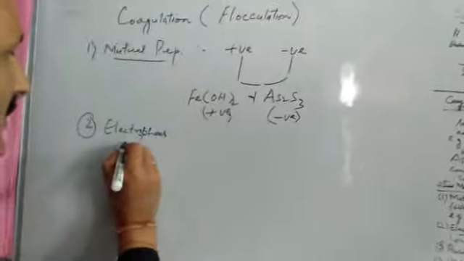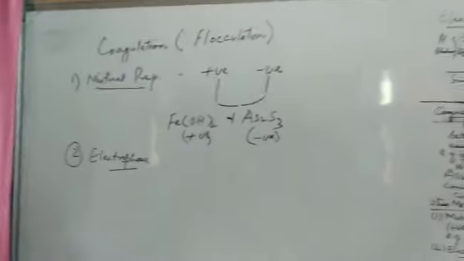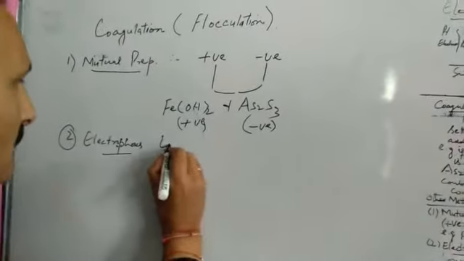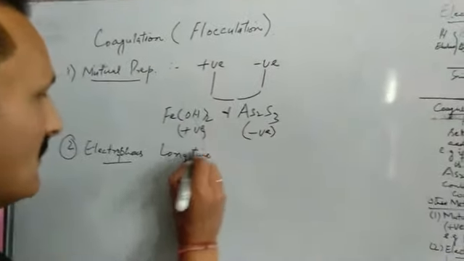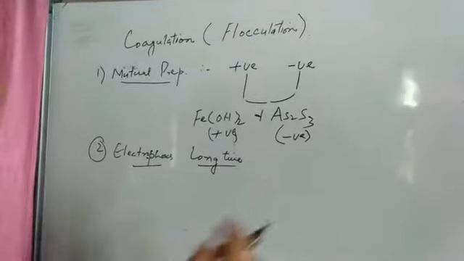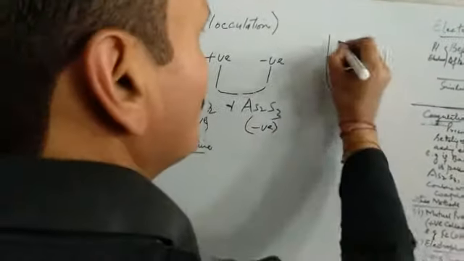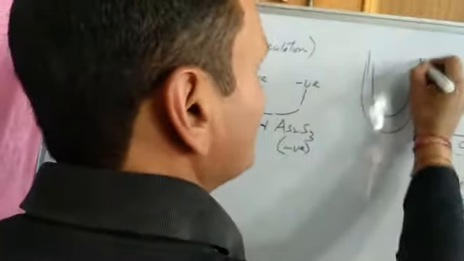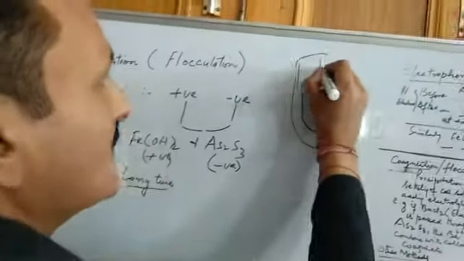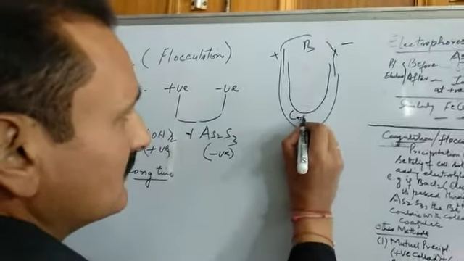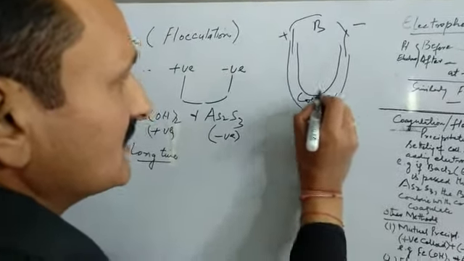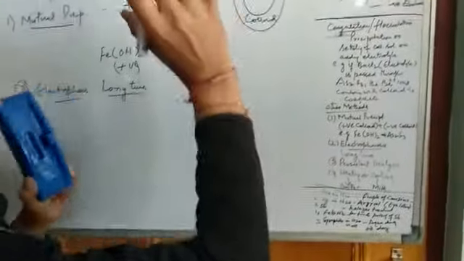Electrophoresis. What is done in this process? Long time. By long time I mean, we take a U-shaped tube with electrodes and a battery, then the colloid is kept in the U-shaped tube for a long time.